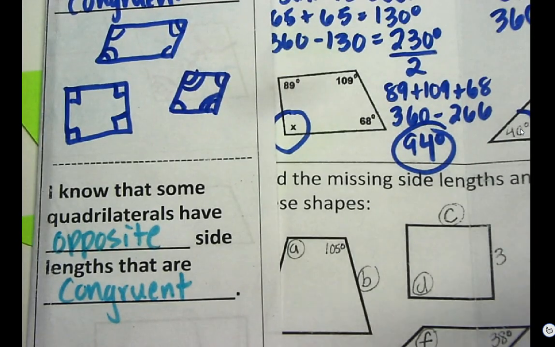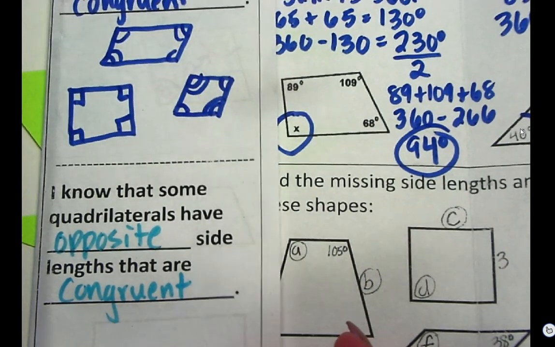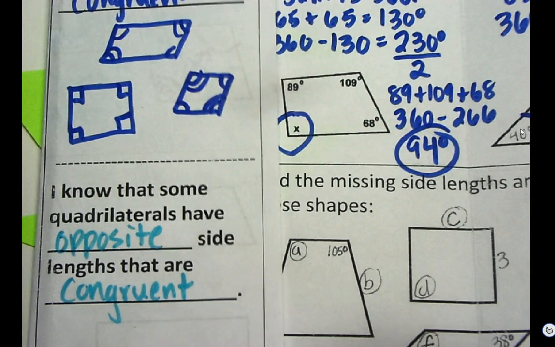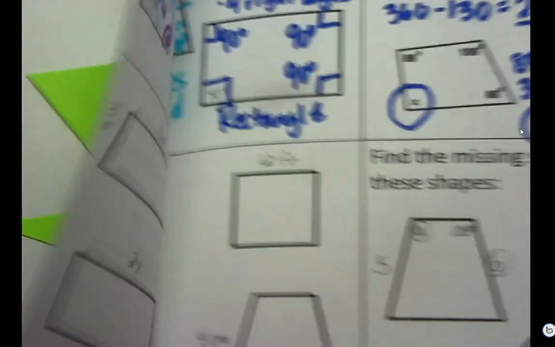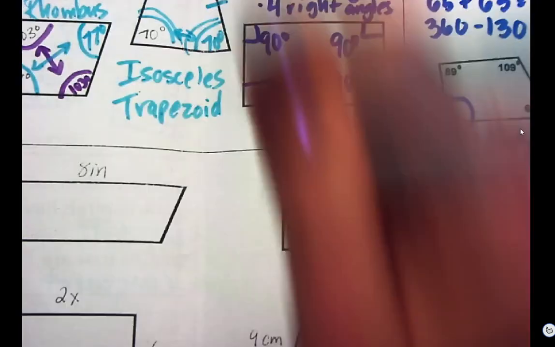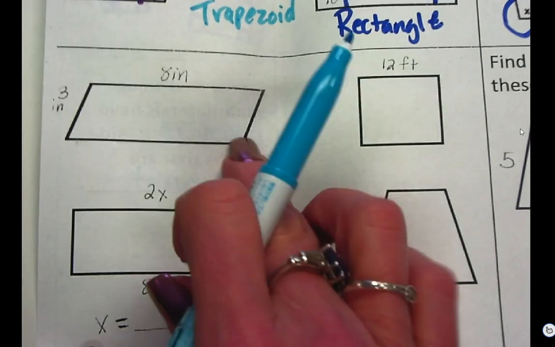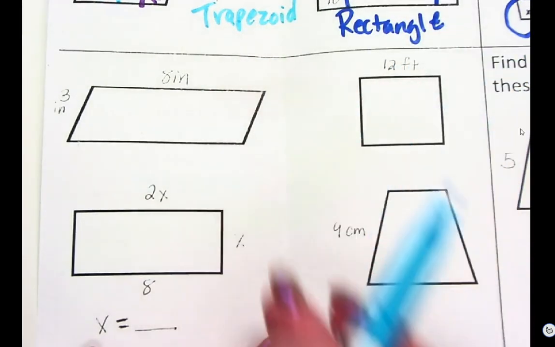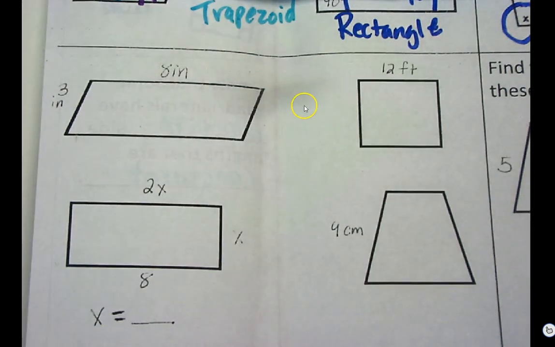So now we're moving away for a moment from angles to look at side lengths. And what I would like you to do is go ahead and see if you can figure out these missing side lengths based on the properties of these shapes. So see if you can figure out all the side lengths of these shapes by knowing what they are, and that's what we'll start with tomorrow. And that's our lesson on missing side lengths and angles of quadrilaterals.